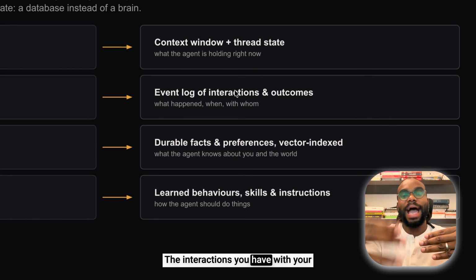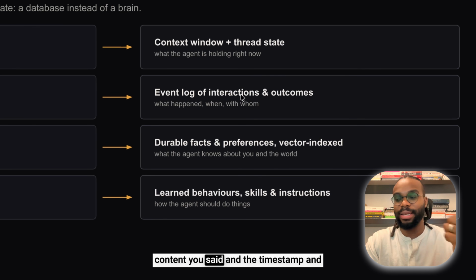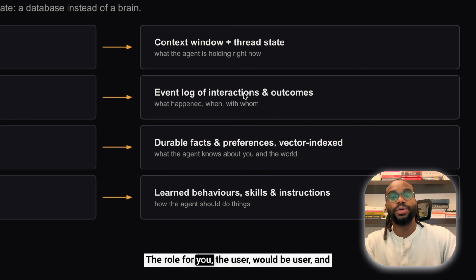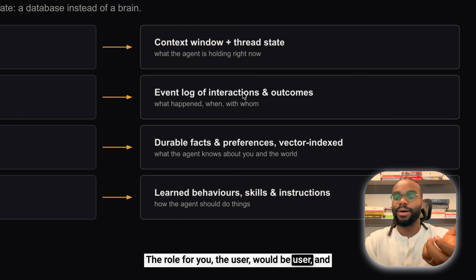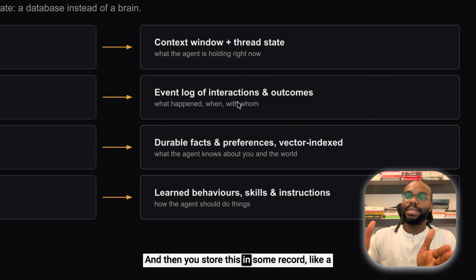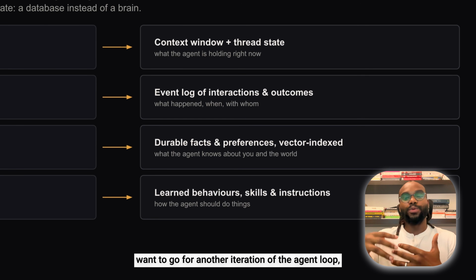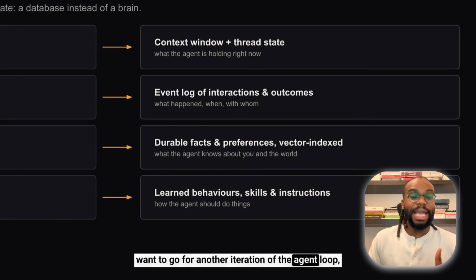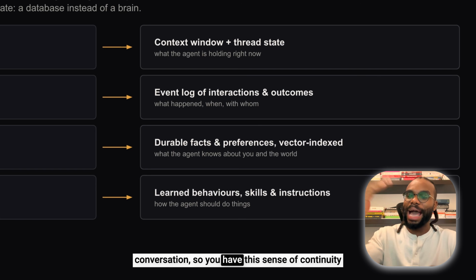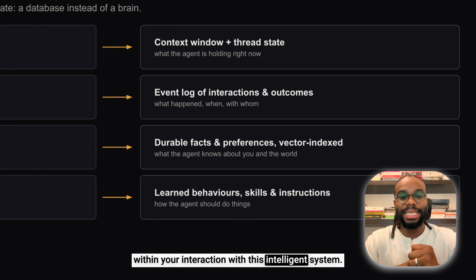The interactions you have with your AI systems usually store the content you've said, the timestamp, and the role of whoever is responding. The role for you, the user, would be user, and the role for the agent would be assistant. And then you store this in some record, like a file system or a database. Then when you want to go through another iteration of the agent loop, which I will explain, you pass in the previous conversation. So you have this sense of continuity within your interaction with this intelligent system.